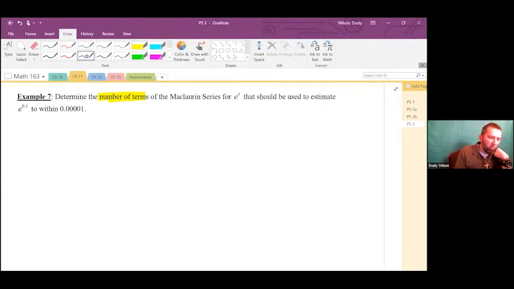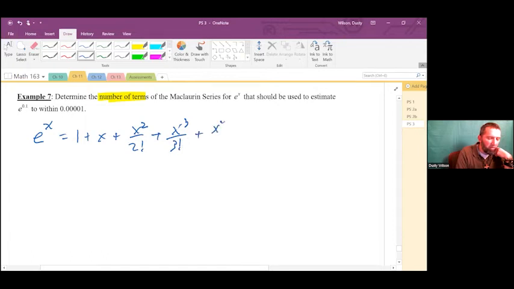So let's remember our Maclaurin series. e to the x equals, for the Maclaurin series, centered at 0, 1 plus x plus x squared over 2 factorial plus x cubed over 3 factorial plus x to the 4th over 4 factorial plus dot, dot, dot. And if we want to find e to the 0.1, we need some sort of error bound that goes with that.